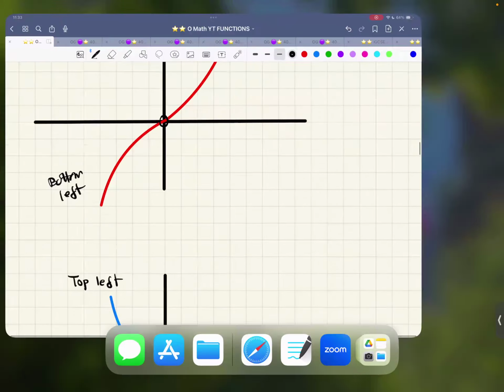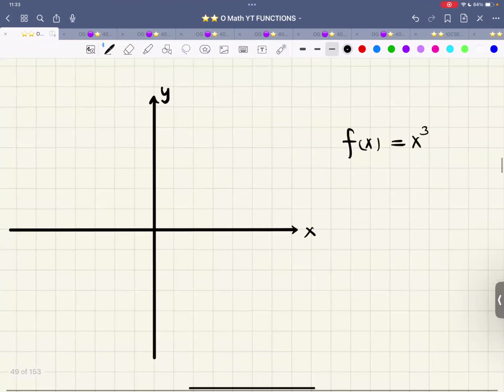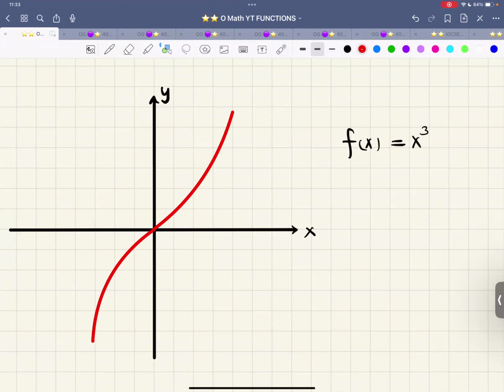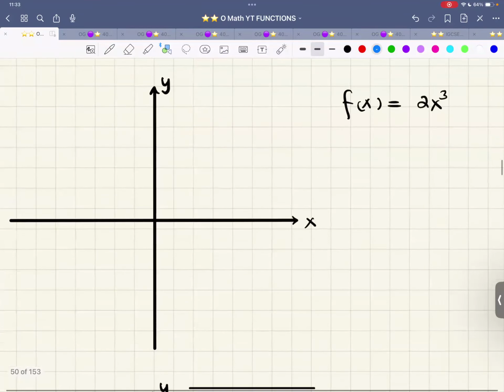So now let's focus on this. f(x) is x cube already drawn. Let me draw it once more. So this is like this, this is like this. And then negative x cube, this thing goes up like this, this thing goes down like this. And 2x cube, this will become more steeper.